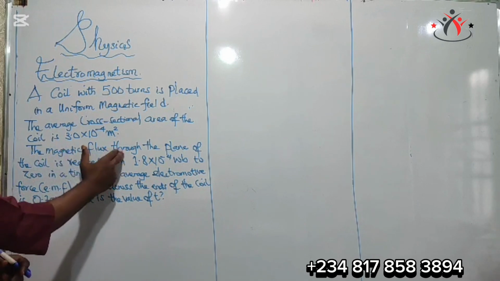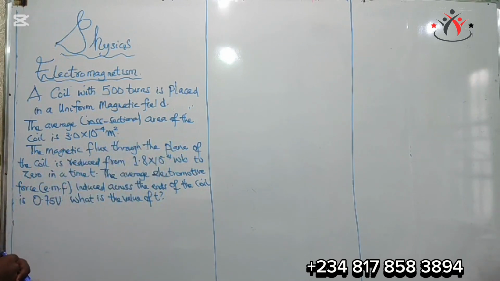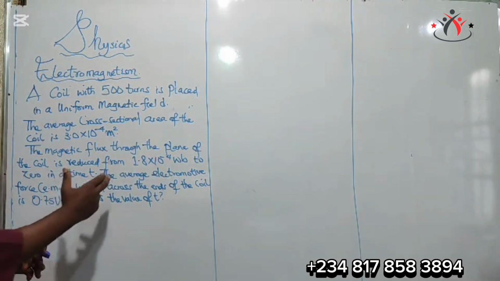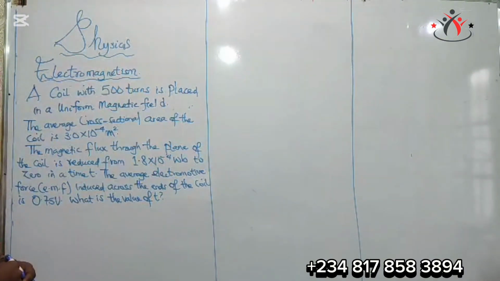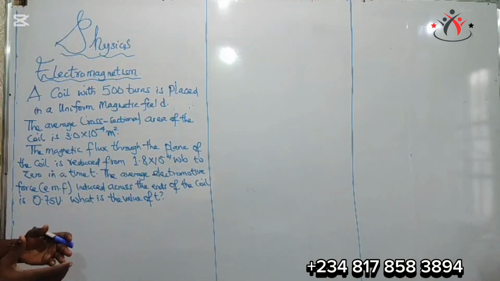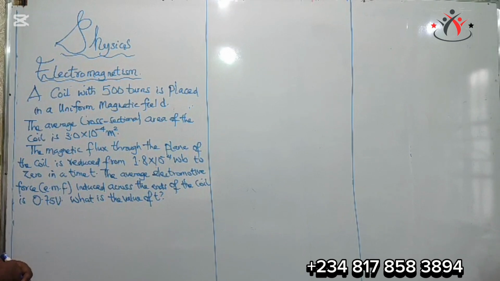The magnetic flux through the plane of the coil is reduced from 1.8 multiplied by 10 to the negative 4 Weber to 0 in a time t. The average electromotive force, that's the EMF, induced across the ends of the coil is 0.75 volts. What is the value of t?